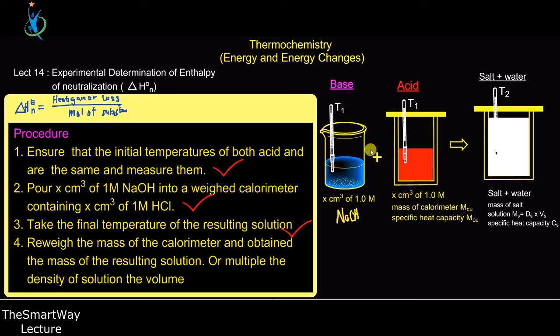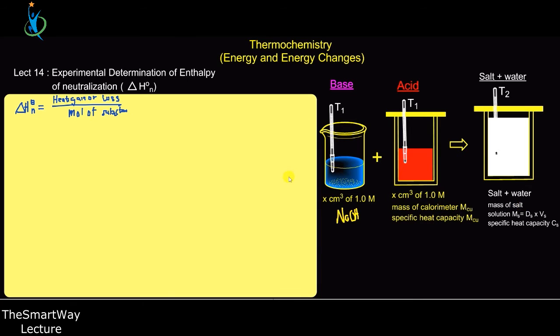Now you then take the final temperature, because when the base comes into contact with the acid, it is now transformed into what we call a salt solution. So you take the final temperature and then weigh the calorimeter again, and take the final mass again.